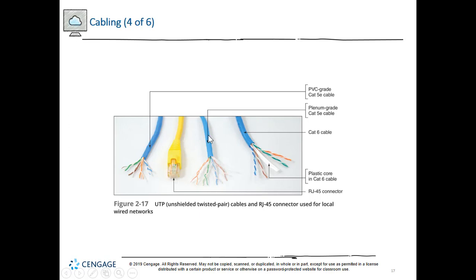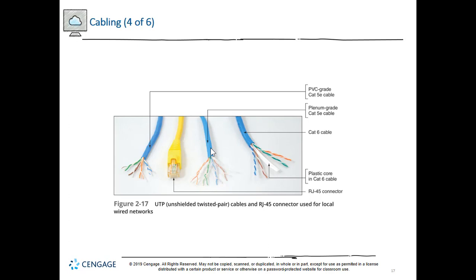The plenum cable, as you can see, the plenum one here is thicker than the PVC. The plenum cabling is what we use when we're running our cable inside of ceilings. Now the ceiling, because it has airflow up top for what we call the return duct in our HVAC systems, means we're always feeding it fresh air.